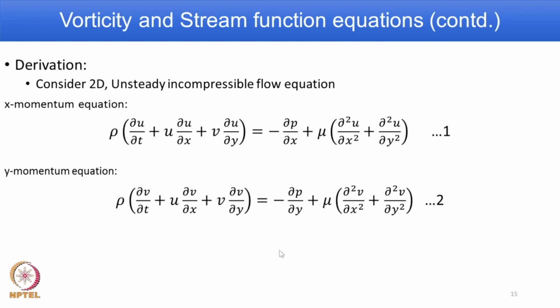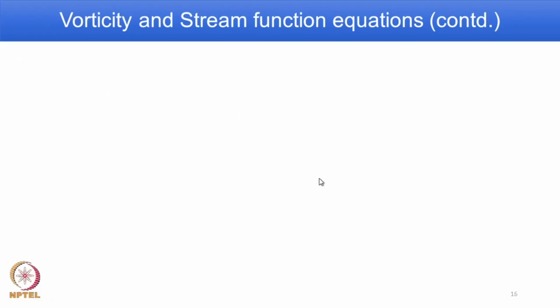They are repeated here, and the continuity equation is also written here for the sake of completeness. The x momentum equation is referred to as equation 1 and the y momentum equation as equation 2. Now, what do we do? We are going to do some manipulation of these two equations.